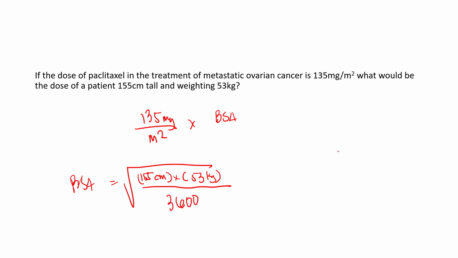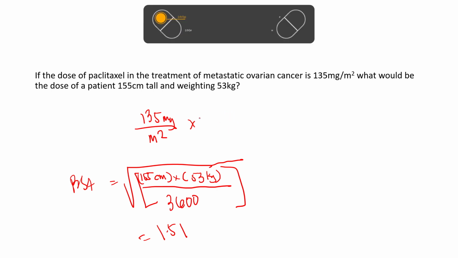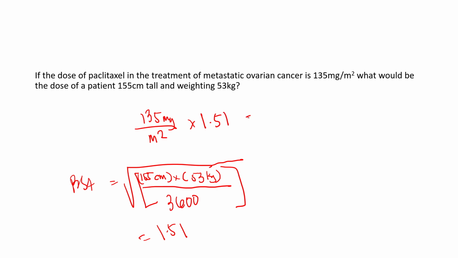Please take note, class, you should finish all the equations inside the square root before getting the square root. 155 times 53 divided by 3,600. Get the square root of that. So the patient's body surface area is 1.15. So let us multiply it by 1.51. 135 times 1.51. The patient's dose is 203.85.